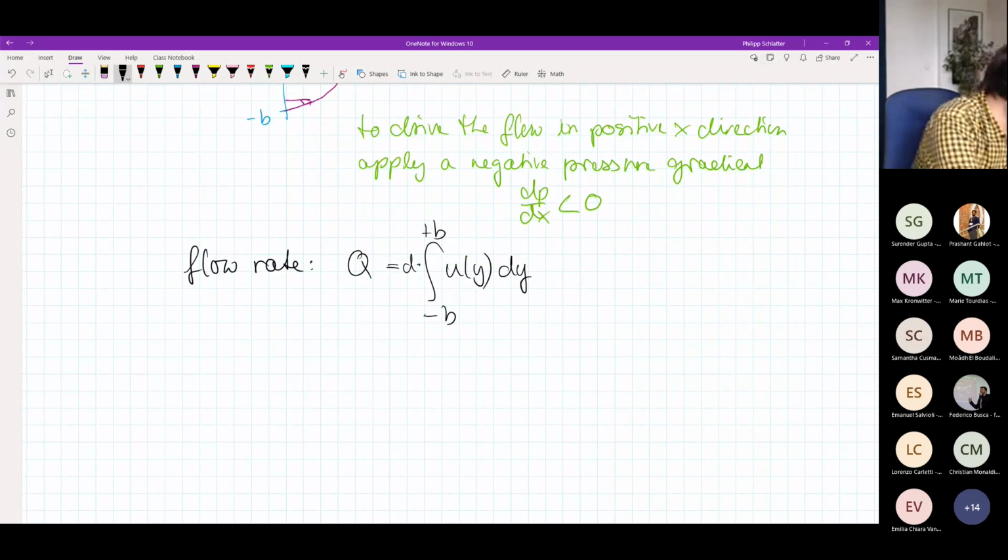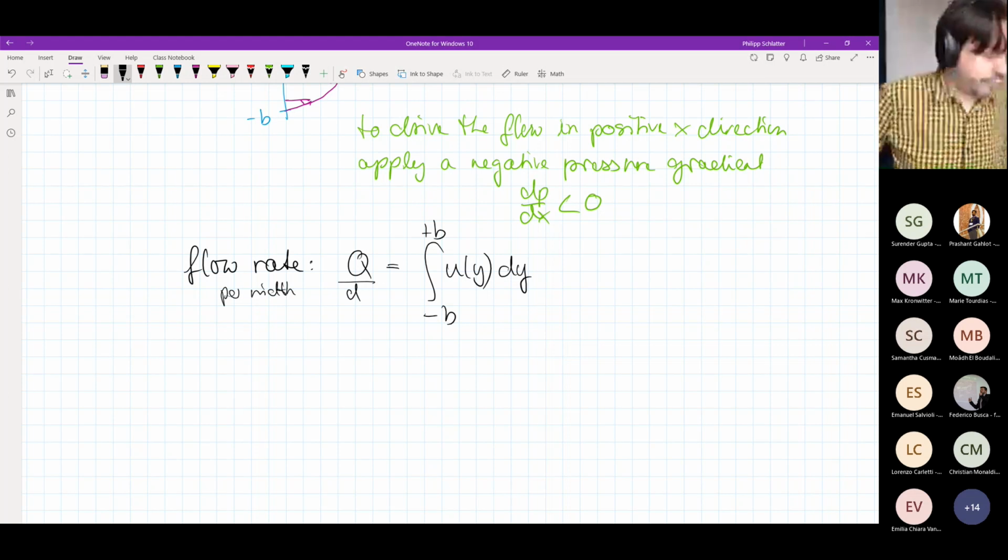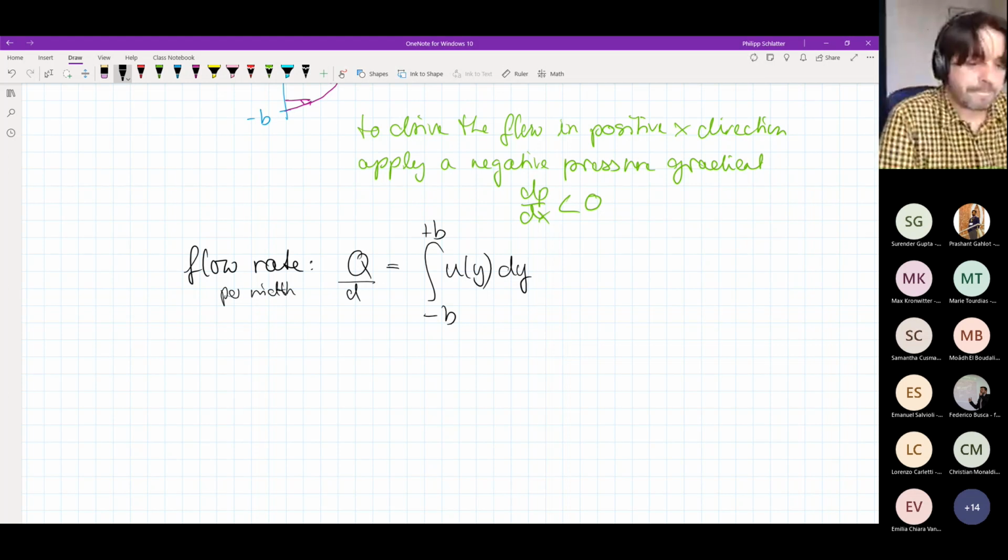So actually, perhaps what we can do to simplify it here, we can write like this. This is Q divided by D. So that's the flow rate per width. So we can define this as being the integral between minus b and b of the velocity profile, and this we can now use as a definition.